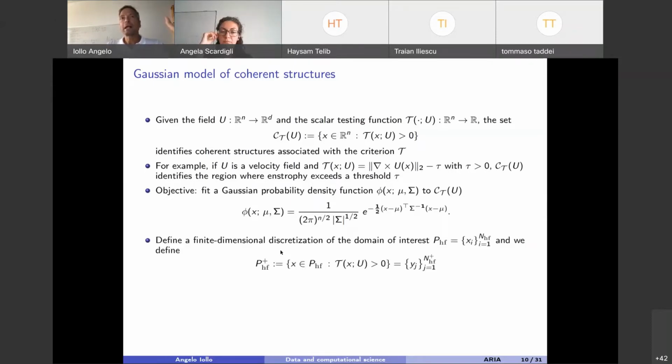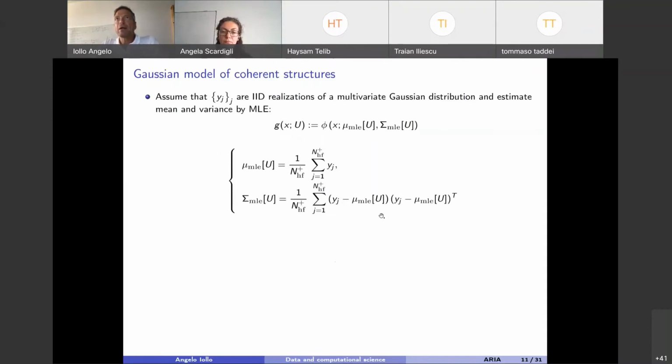So we will actually take the points that we have defined by this testing function curly T and call them p plus high fidelity, plus because they satisfy this criterion here, and then identify the Gaussian distribution which gives the best estimate of the IID realizations of the Lagrangian markers that we have set.